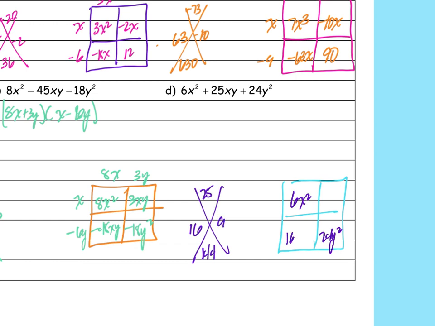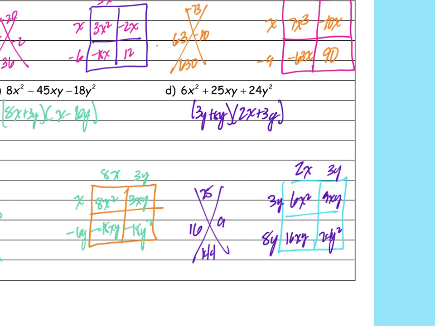So 16xy, 9xy. So 2x and 3y and 3y and 8y. So 3y plus 8y and 2x plus 3y.